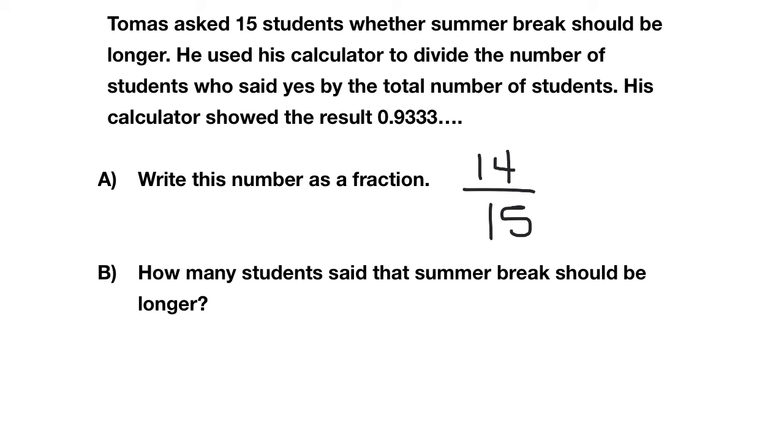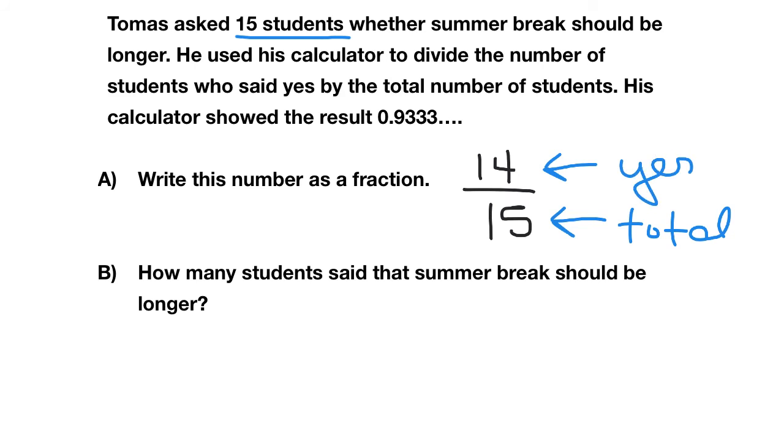Part B, how many students said that summer break should be longer? Now we need to interpret our fraction. Thomas asked 15 students whether it should be longer, and he divided the yeses by the total number. Your 15 is the total number of students he asked. The 14, the numerator, are the yeses. So how many students said that summer break should be longer? 14 students.